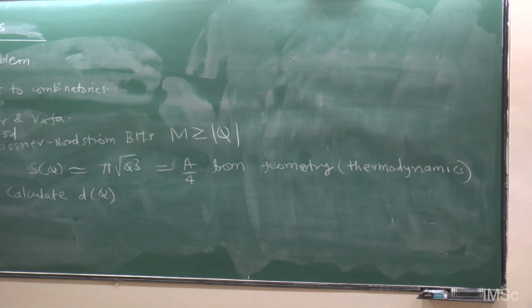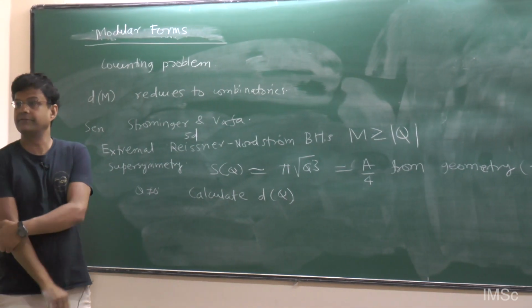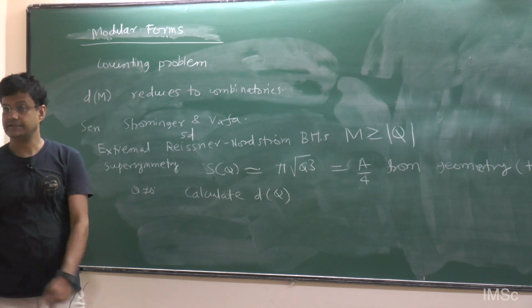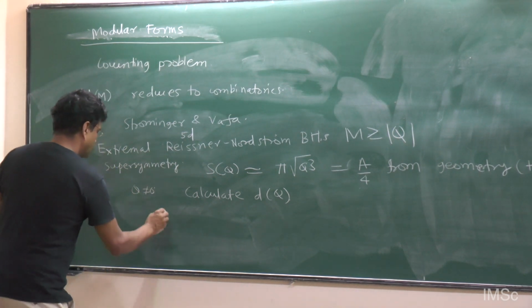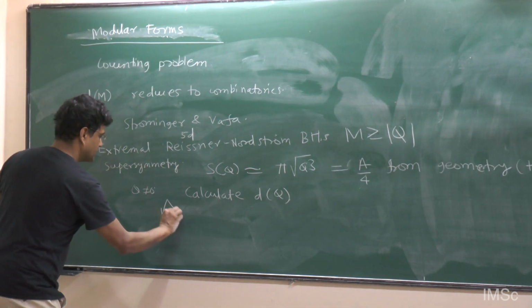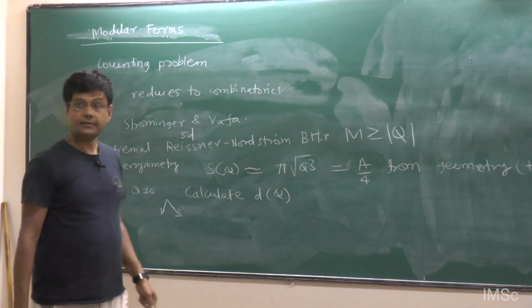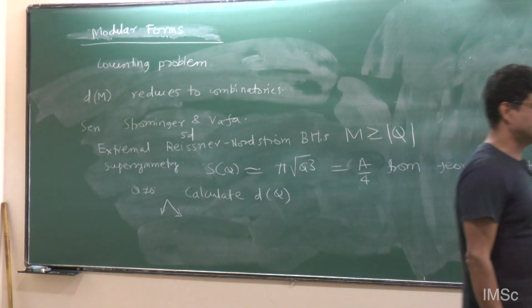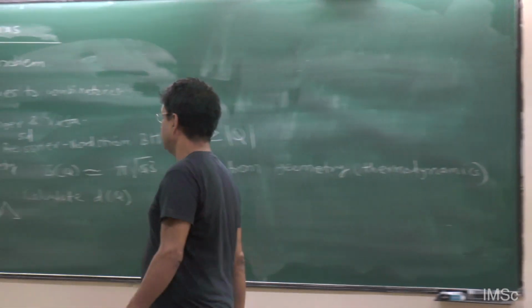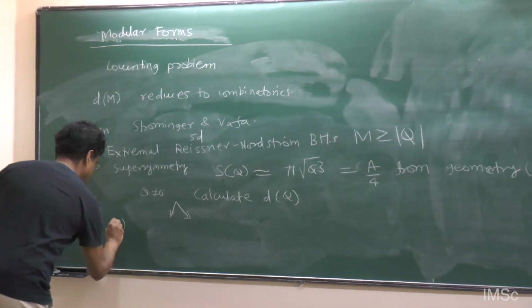Strominger and Vafa and Sen were basically successful in giving us statistical interpretations of this. But there have been a lot of subsequent developments, which is what I want to describe, where some of these connections with modular forms become more and more important. First is to compute quantum corrections.